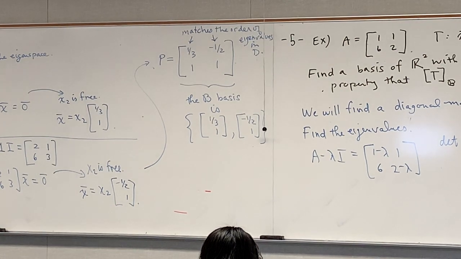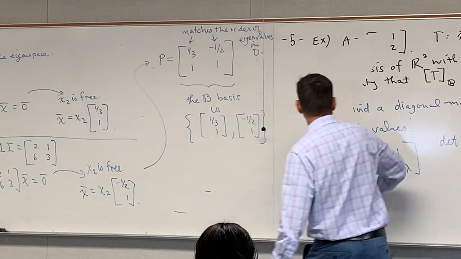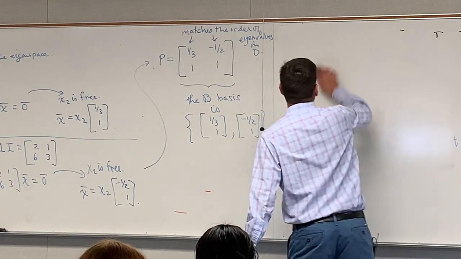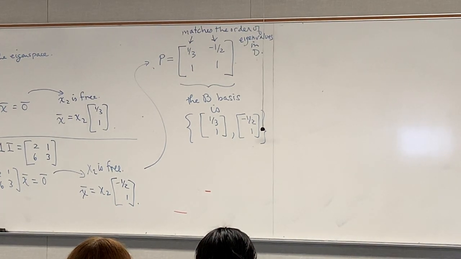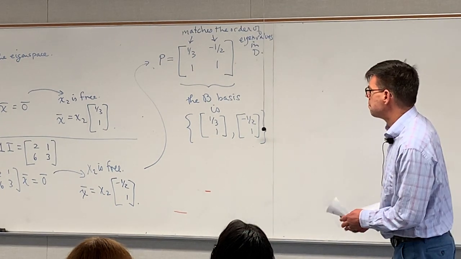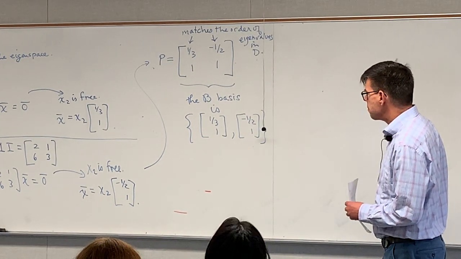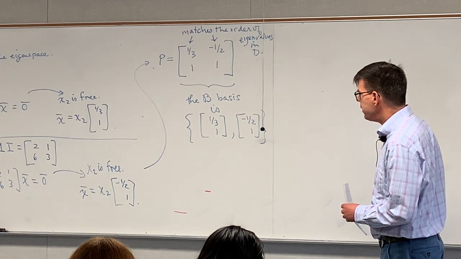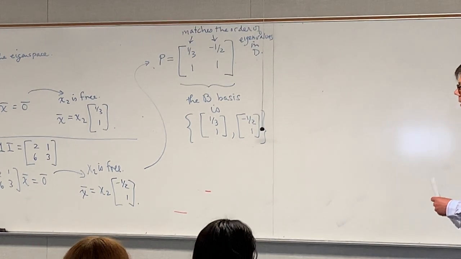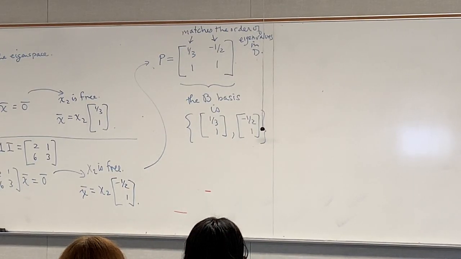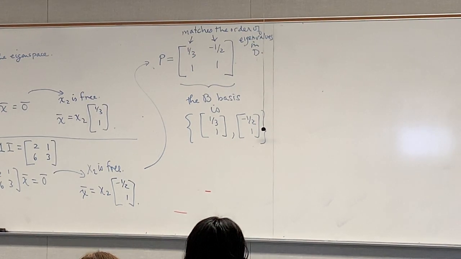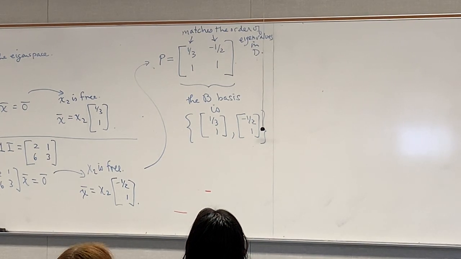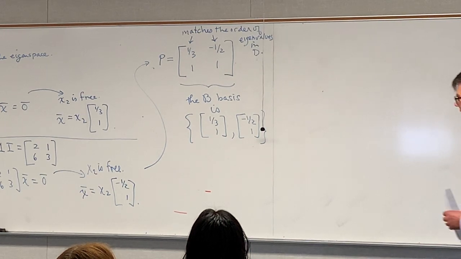No, I think I'm just going to stop. B basis means if we take the B coordinates of a vector times P, that will convert to E coordinates, and then we can apply the matrix A, right?